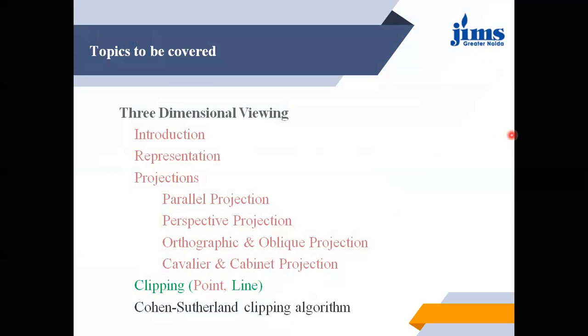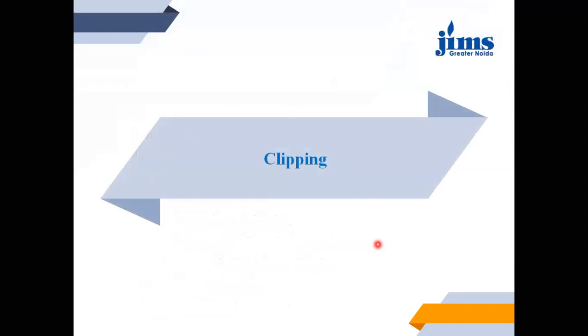In this unit, we discuss the viewing of an object and all types of projections, and in the last lecture we completed clipping of a point. In this lecture we will discuss line clipping.